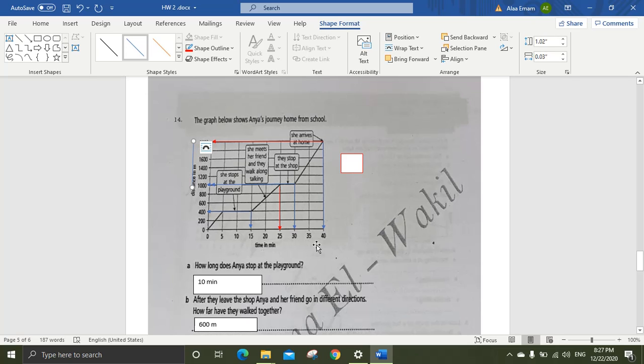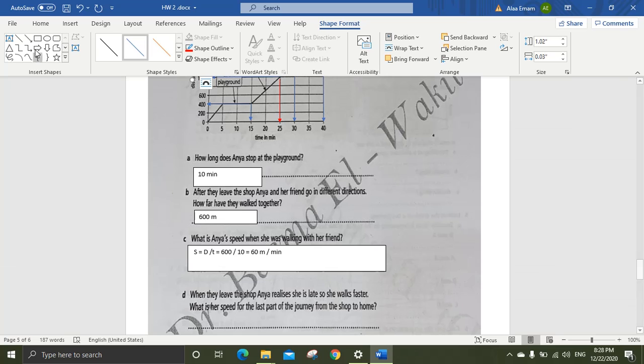While the time she took in order to travel this distance back home is 40 minus 30. So you can simply calculate it through speed equals distance over time. The distance is 2000 minus 1000 and divide 40 minus 30.